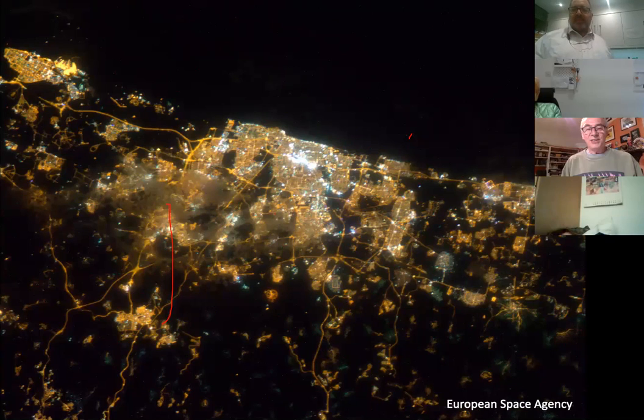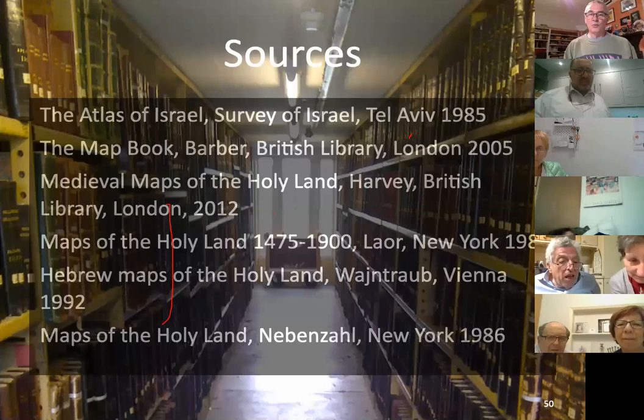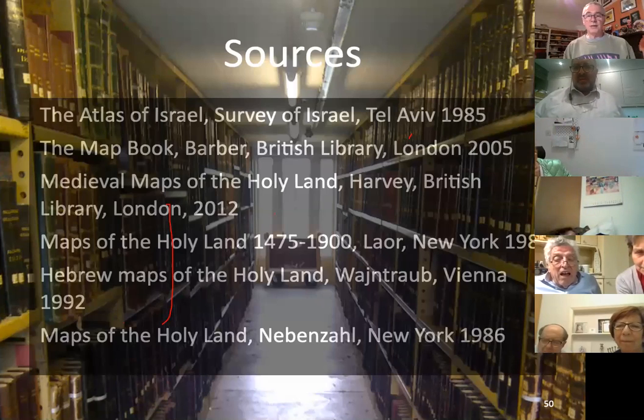So that's my lot. Those are my sources. A visit to the British Library is a wonderful experience. You can go and see many of these maps there. If you're in Jerusalem, you could go to the Israel National Library, which is on the university campus. Within it is the Laor collection.